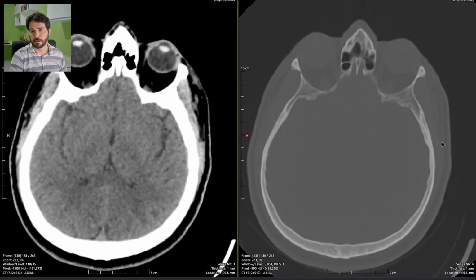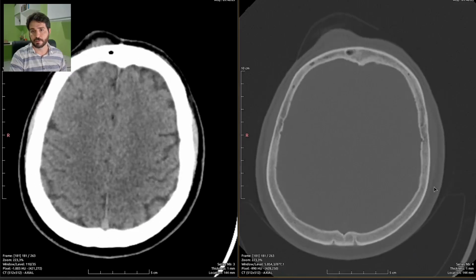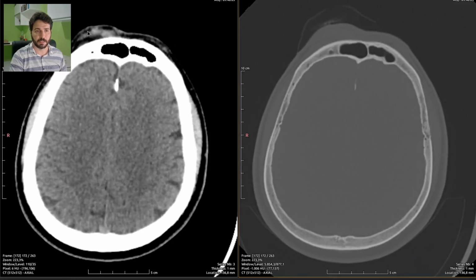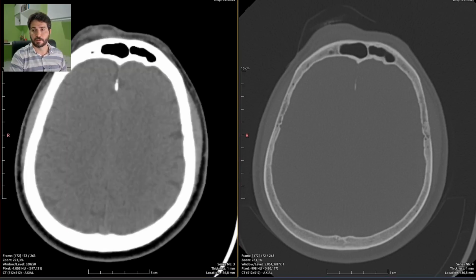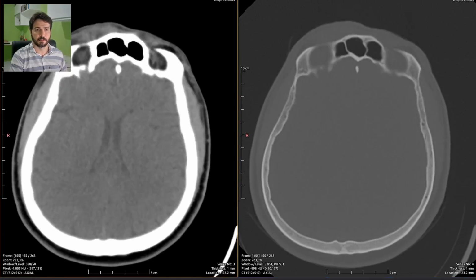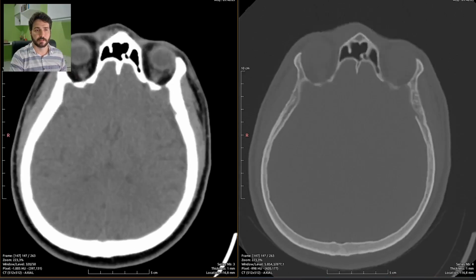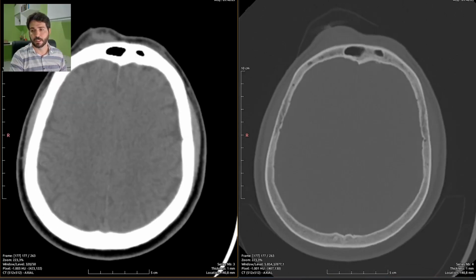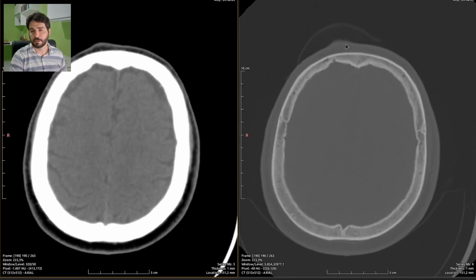There isn't anomalous content in the paranasal sinuses, and of course you guys have seen that he has a laceration of the soft tissue on the frontal region on the right. This is a subgaleal hematoma, a bit to the left too, and it's all soft tissue.